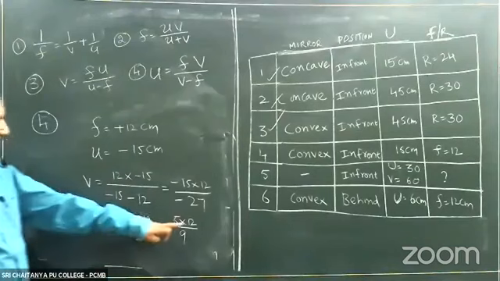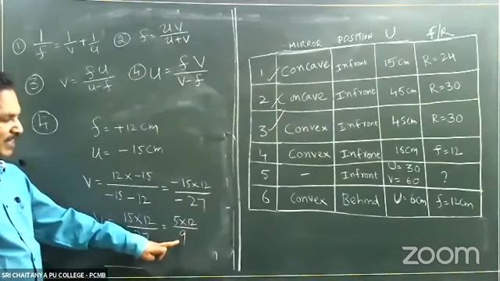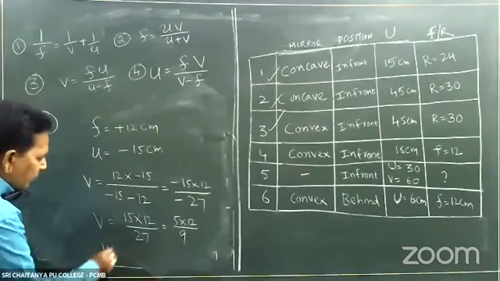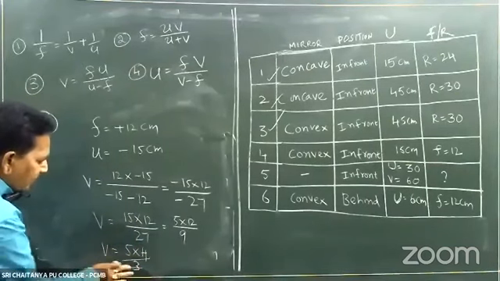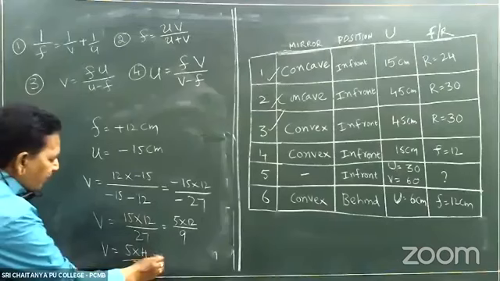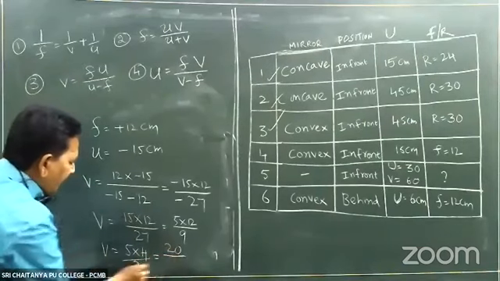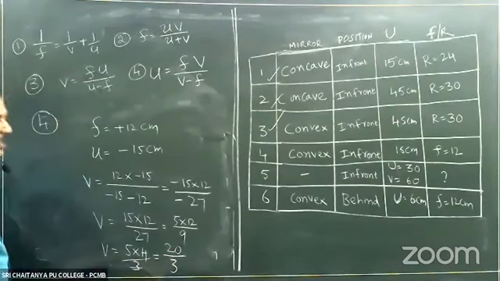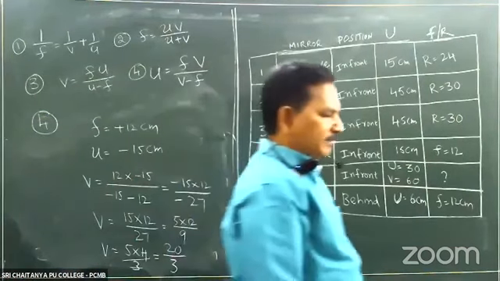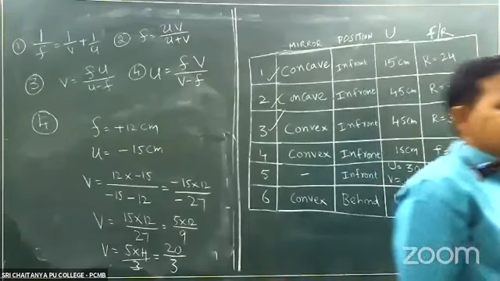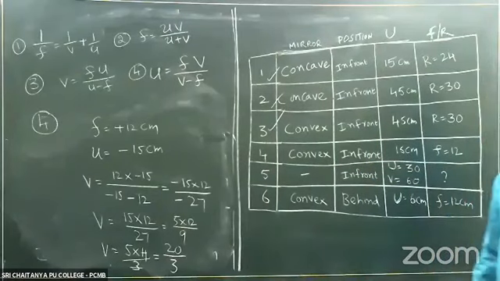Once again, 3 fours are 12, 3 threes are 9. So V is equal to 5 into 4 by 3, that is 20 by 3. Nearly 7, since 3 sevens are 21. 6 point something, 6.7.